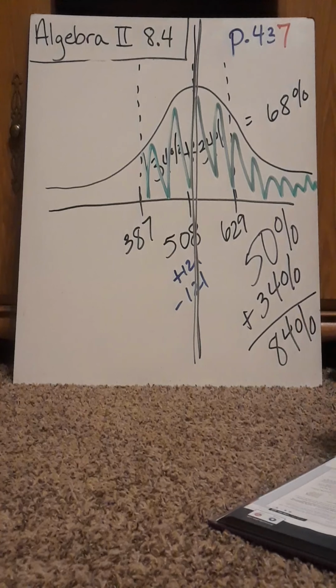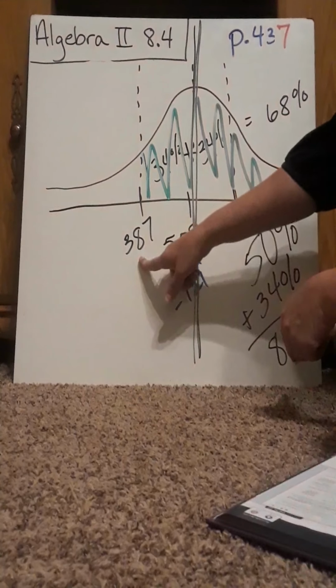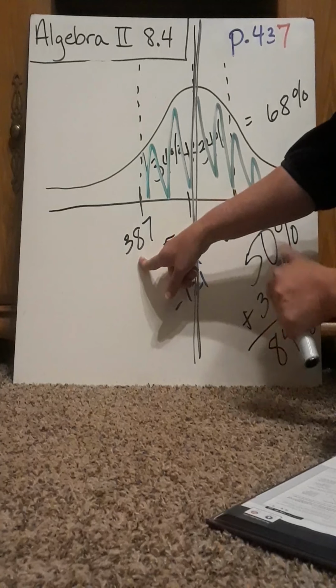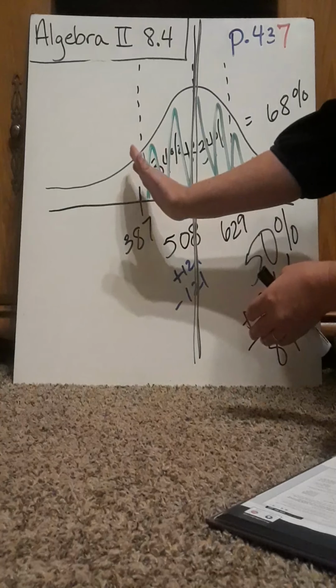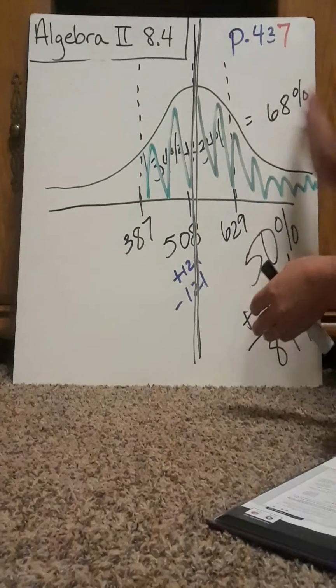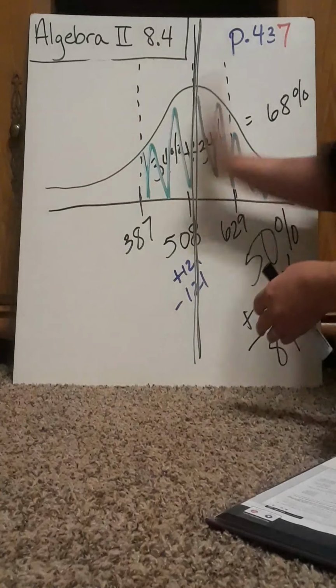Let me go back over that. So the question was, what proportion of students received scores greater than 387? Well, 387 is minus 1 standard deviation below the mean. Okay? I want to know what percentage of the students scored above that. So in other words, what percentage of my students are from here over?